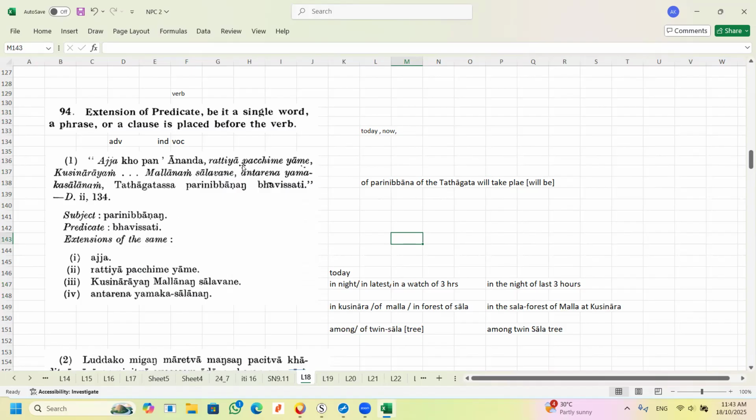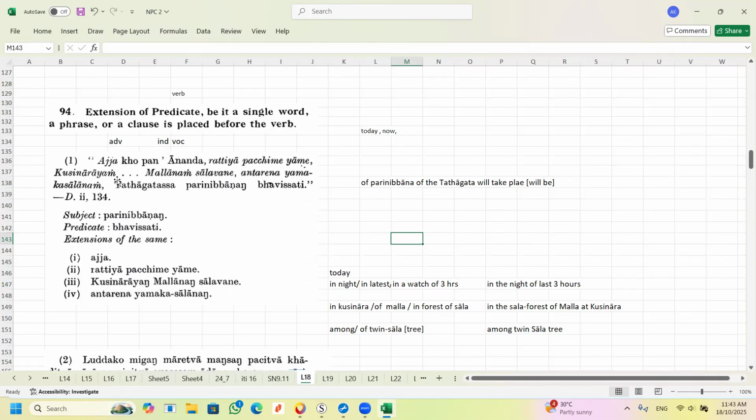So what you see here, you see Pratiya, feminine noun. Pachime, Yamane, Kusinagarayang. Can you see this is locative? So this is locative, this is locative, this is locative. So this is also locative, that means at night.